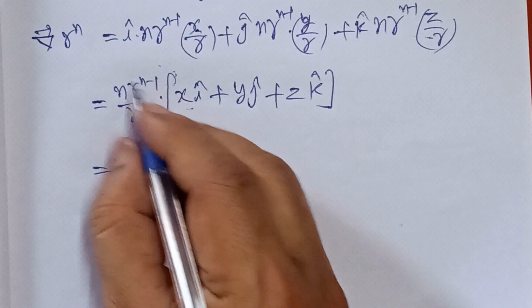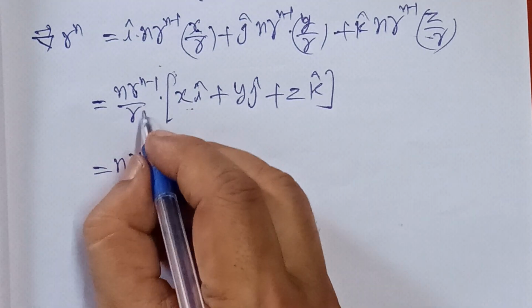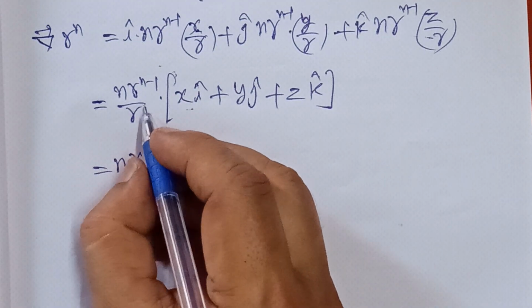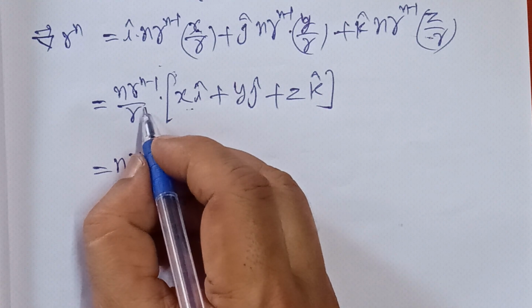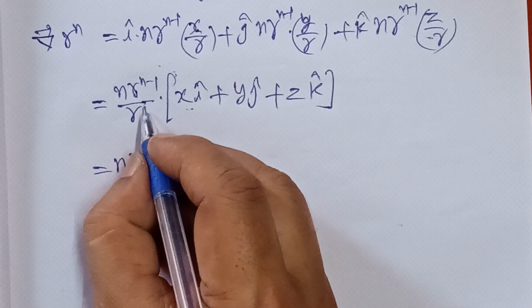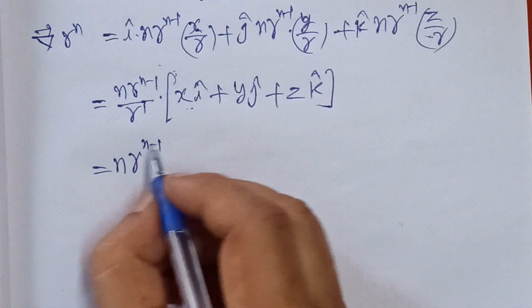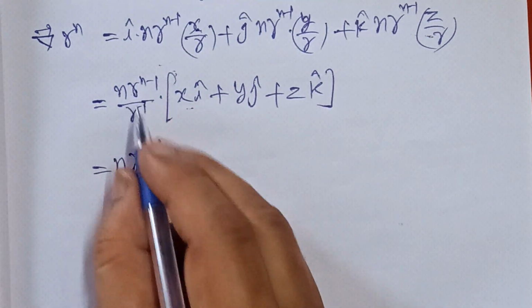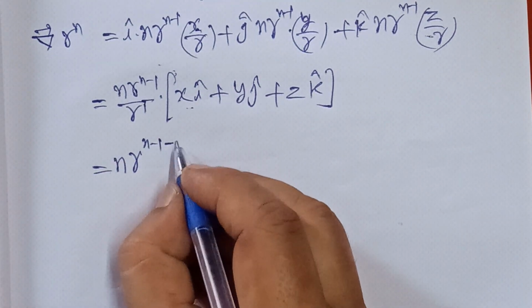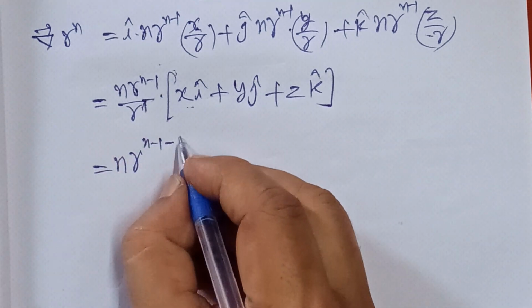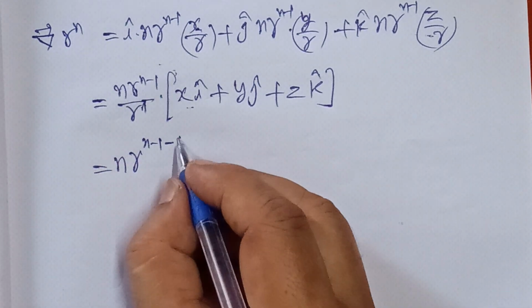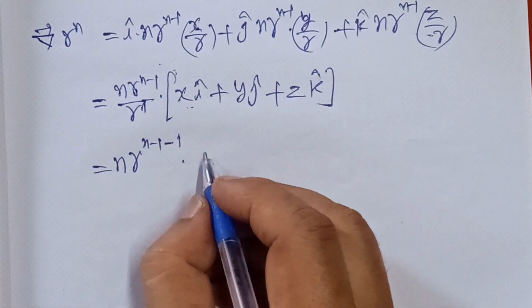Here the power of r is not written, but if not written it is equal to 1, so on division it must be subtracted, r to the power n minus 1 minus 1.